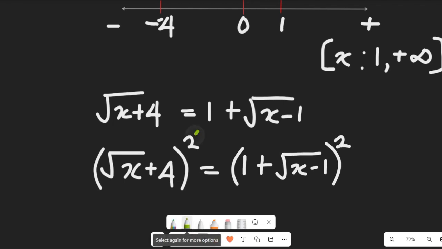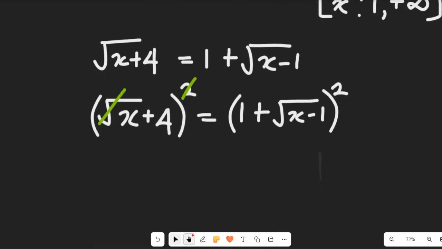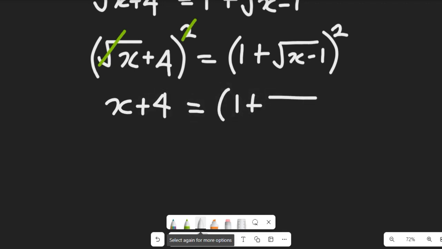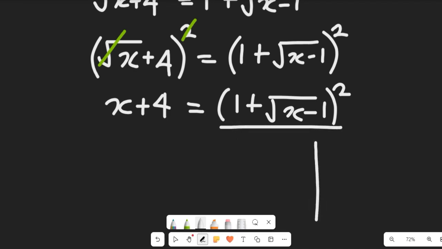The square cancels the square root on the left, and we get x plus 4 equal to 1 plus the square root of x minus 1, all squared. Now, this expression reminds us of an algebraic expression. And what is that algebraic expression?